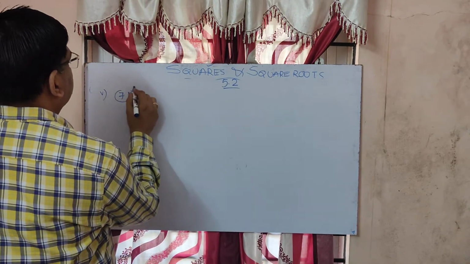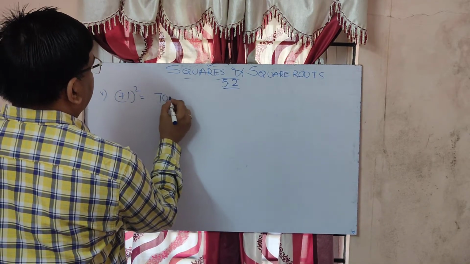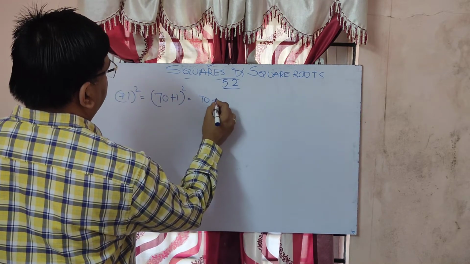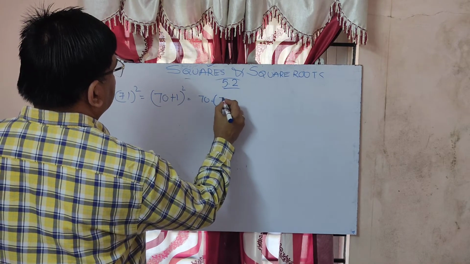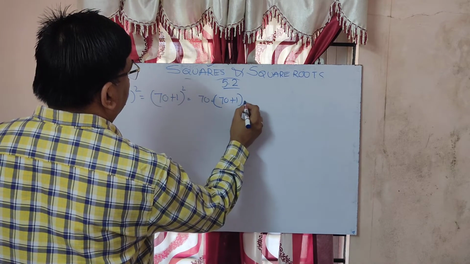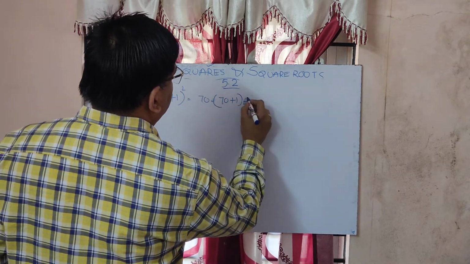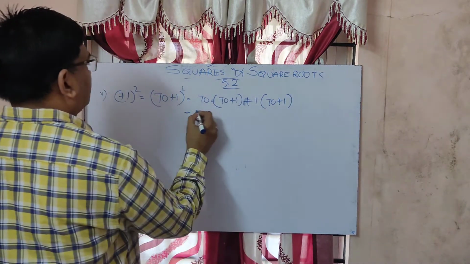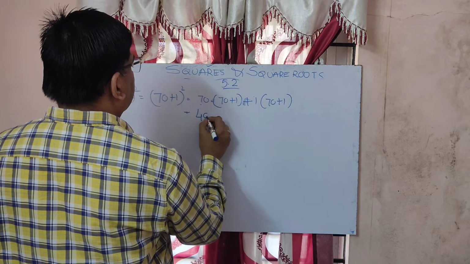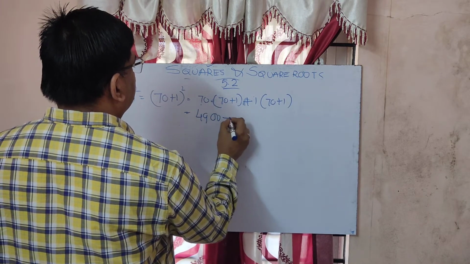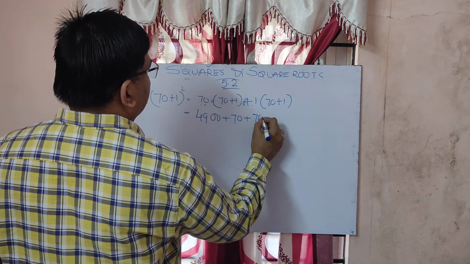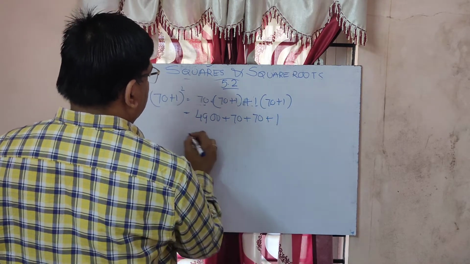71 square. So 70 plus 1 whole square. So 70 into bracket 70 plus 1 plus 1 into 70 plus 1. 7 7s are 49, 00. 7 1s are 70, 1 70s are 70, 1 1 is 1.